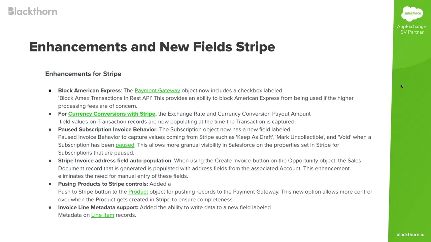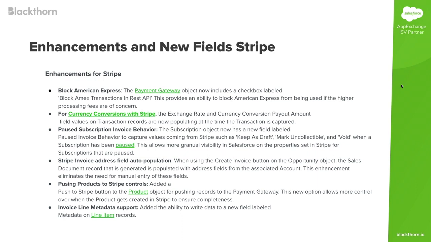We have added a new field to our subscription object to give more context about the invoice behavior when you have a paused subscription. We have added some additional auto-population of fields on Stripe invoices when there is an account that's related to a Stripe invoice.